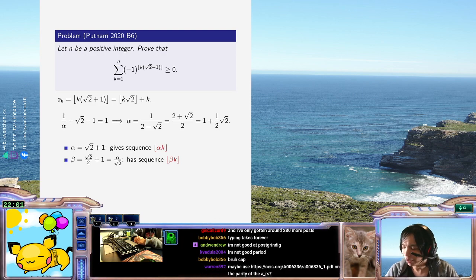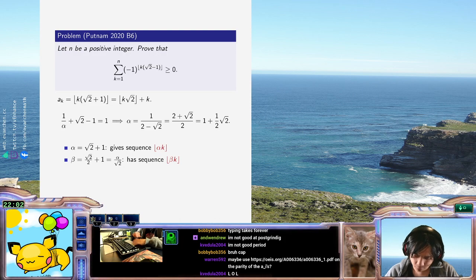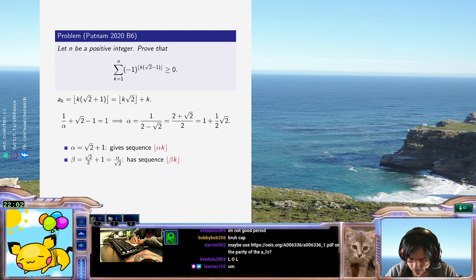What can I do if they have ratio square root 2? It means that I'm gonna get my iPad.